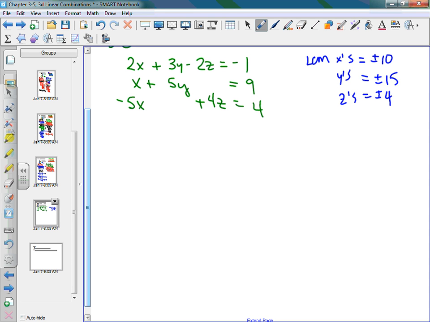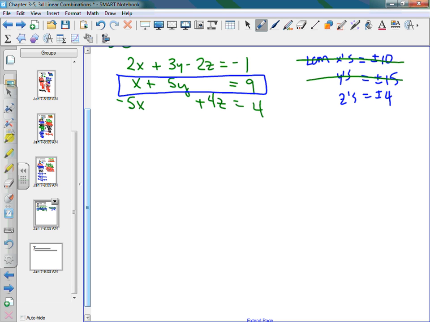Which means I want equations to be in what? If I'm eliminating z's, what variables are left? x and y. Do I have any equation with just x and y already in it? Yes, I do. Boxed it in.